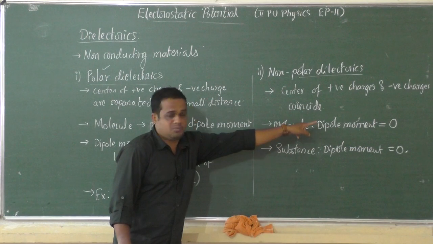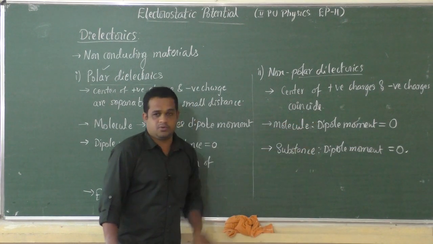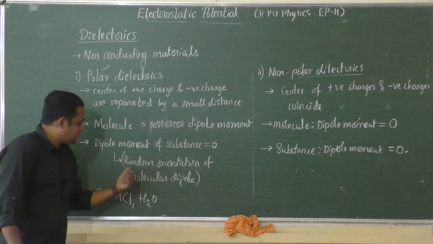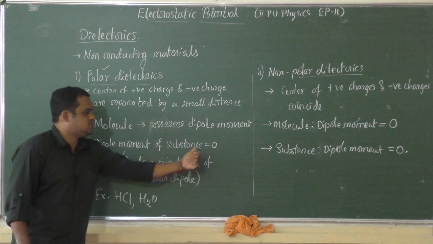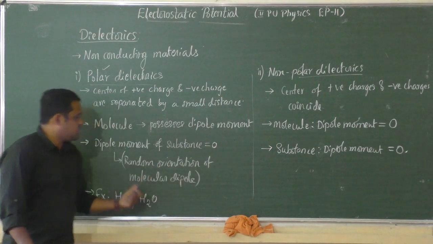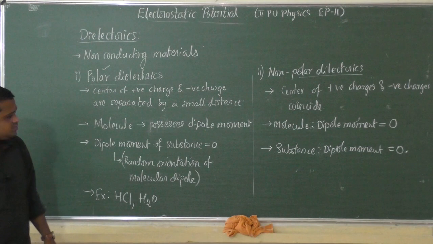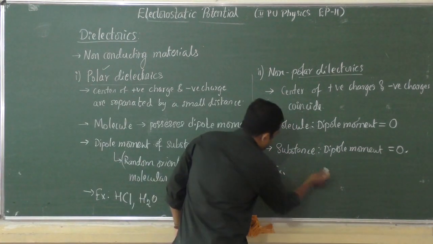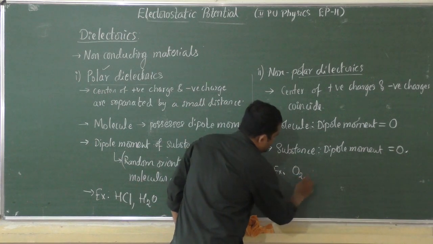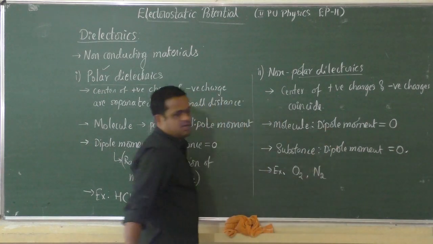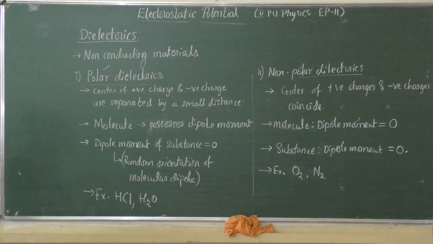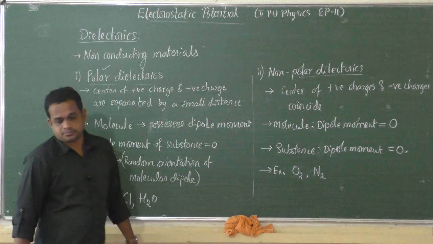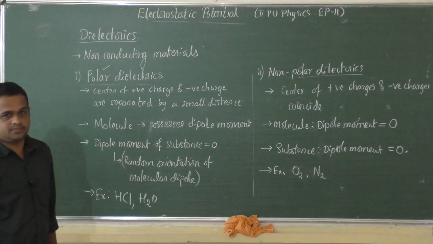Here, because the molecular dipole moment is 0, the net dipole is 0. But in polar dielectrics, the molecule possesses a dipole moment, but random orientation of molecular dipoles results in 0 dipole moment. If you consider the examples: O2, N2 molecules, etc. These are the non-polar dielectrics. I think it is clear.